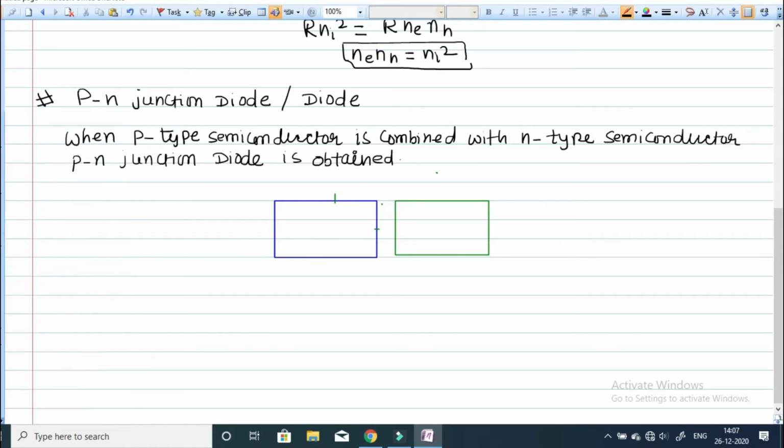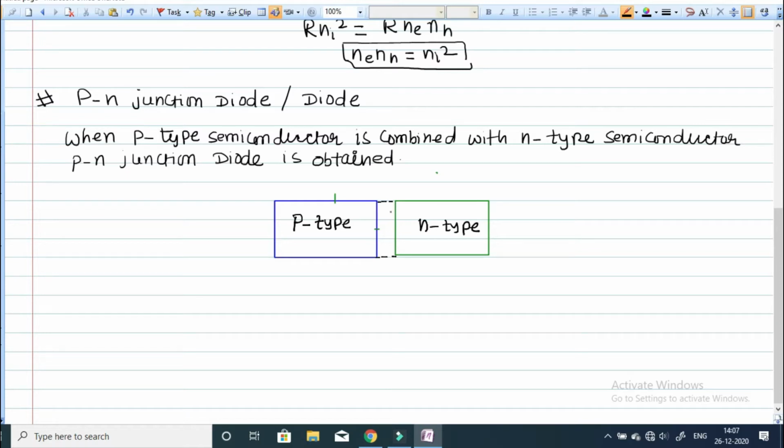This is the junction, you can see it there. Here one junction is formed. This junction is known as PN junction. This is your p-type semiconductor, and this is your n-type semiconductor, and this is your junction. Near the junction, one charge free region is there. That region is known as depletion region.